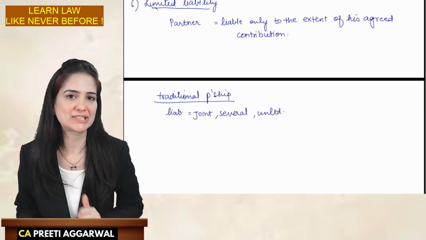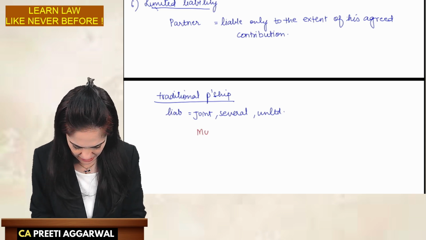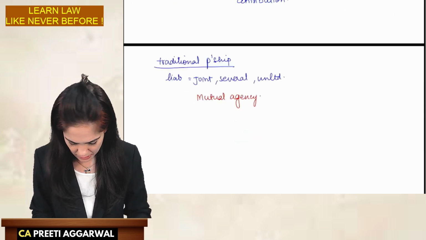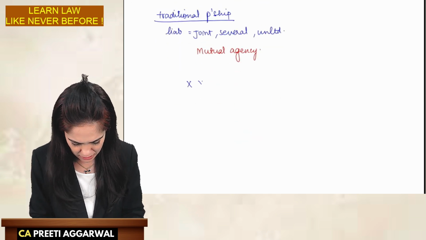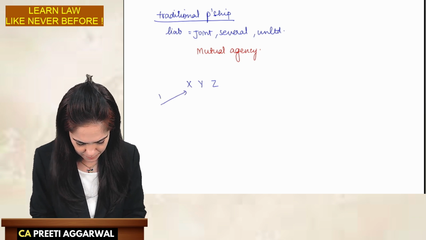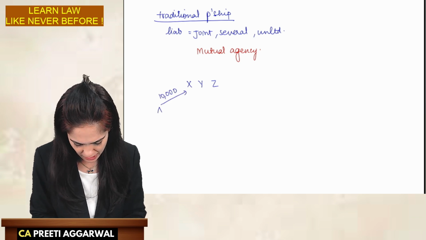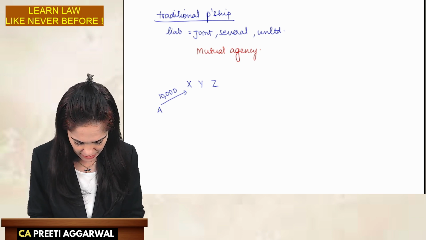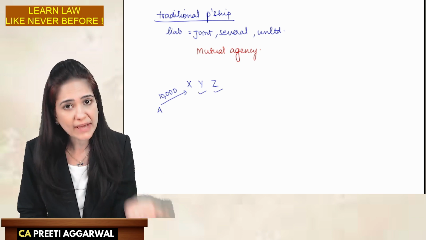There was mutual agency. In this case, there was mutual agency. What is mutual agency? Now, X, Y, Z, they were partners. X borrowed 10,000 rupees from A for the firm only. But if X is not able to pay, can A recover from Y and Z? Yes.